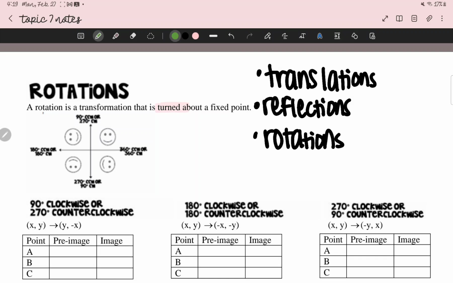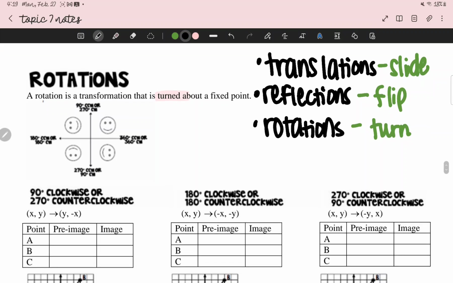For translations, that was a slide where we just slid the figure somewhere. Reflections was like a flip across some type of line of reflection, and then our rotation is a turn, like a twist or a turn. Okay, so let's go ahead and get started with our rotation lesson for today.